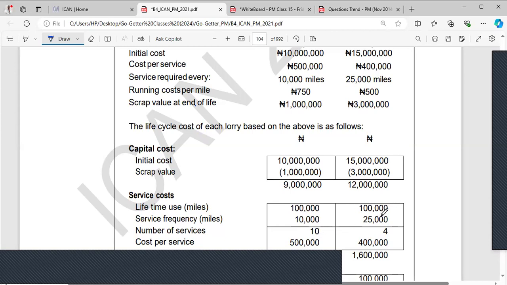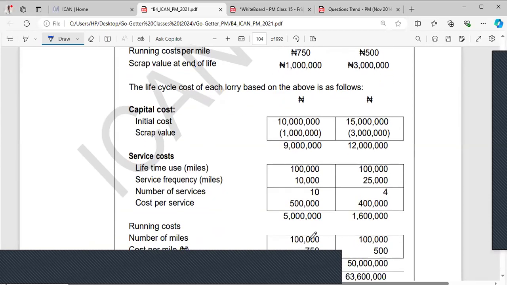If you have 100,000 miles and you are servicing every 25,000, you do 4 servicing during the lifetime. And we are told that cost per service here is 500,000 and you make 10 services, which means you spend service cost 5 million. Whereas you have 4 services to make at 400,000 each, 1.6 million.